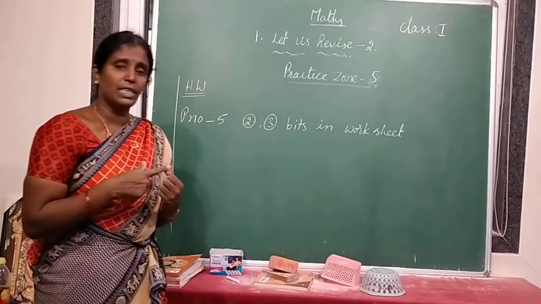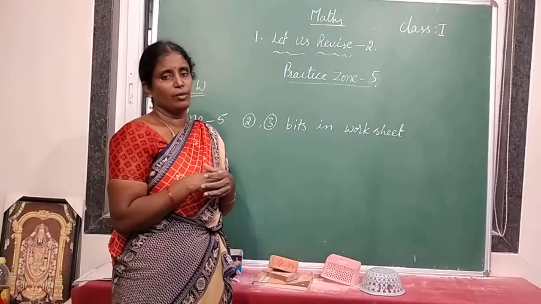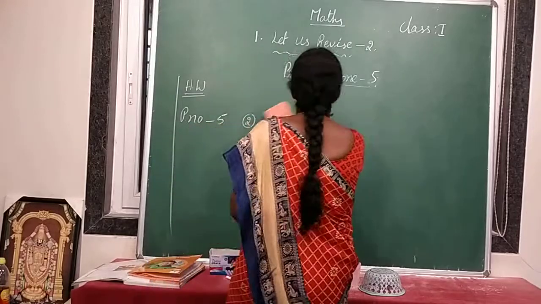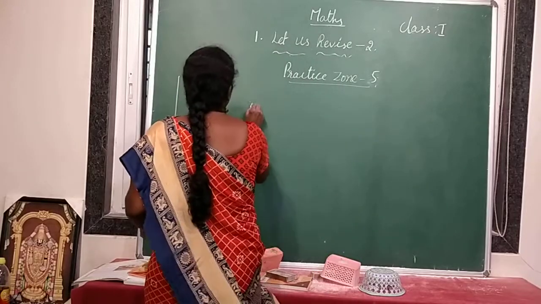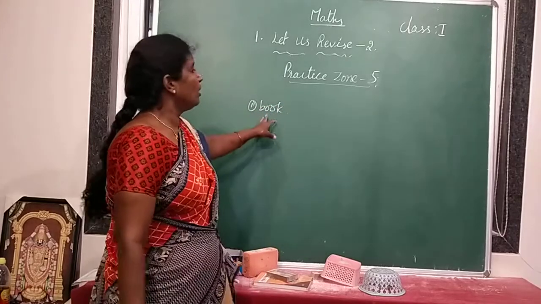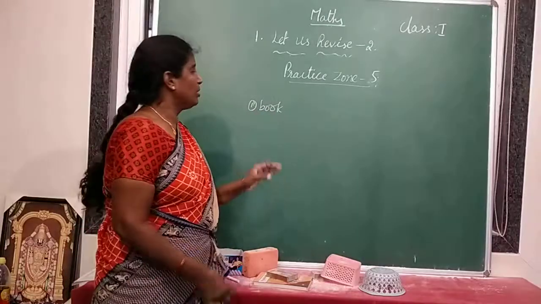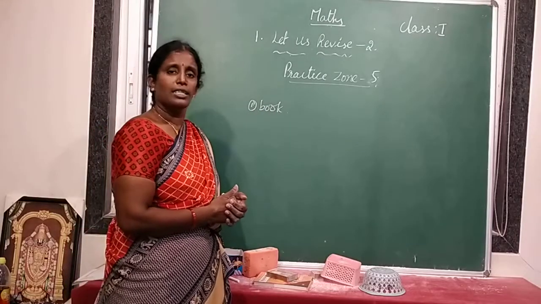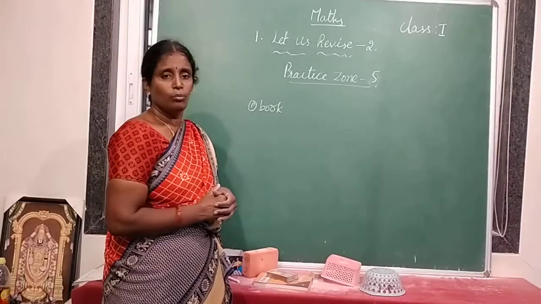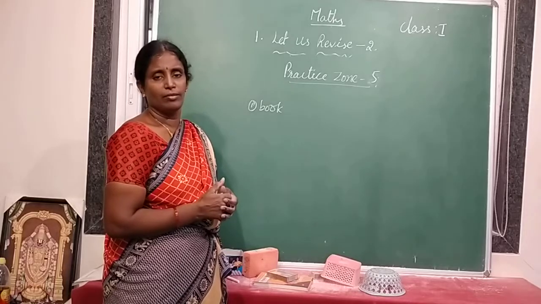Now I will give some instructions. According to my instructions, you have to keep those objects. The first one is the book. Go and keep the book under the chair.